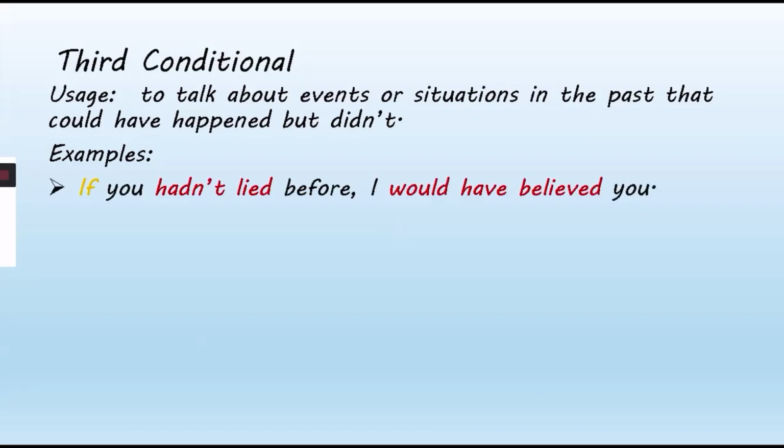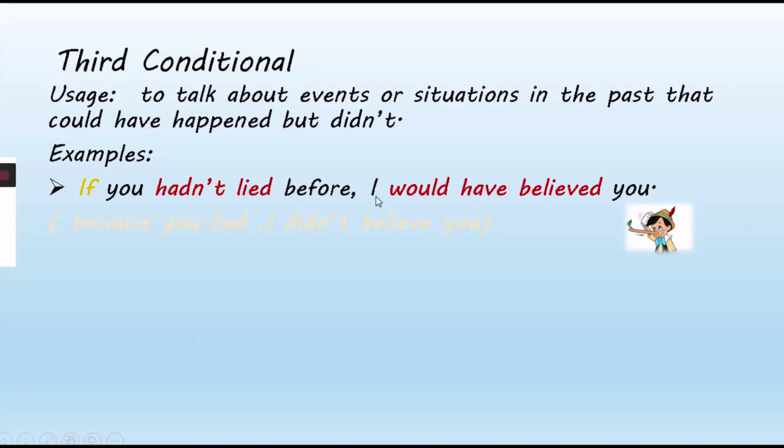Let's see. If you hadn't lied before, I would have believed you. So, this is the if clause, you, the subject, hadn't lied. See the difference in here? We moved one level up. So, hadn't lied. We used had followed with the verb 3 or the past participle.